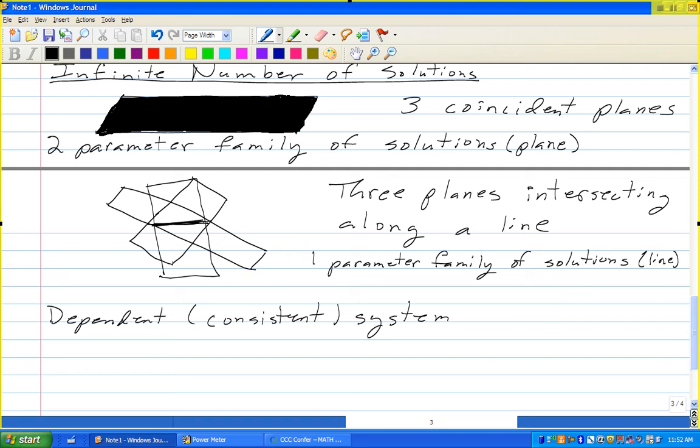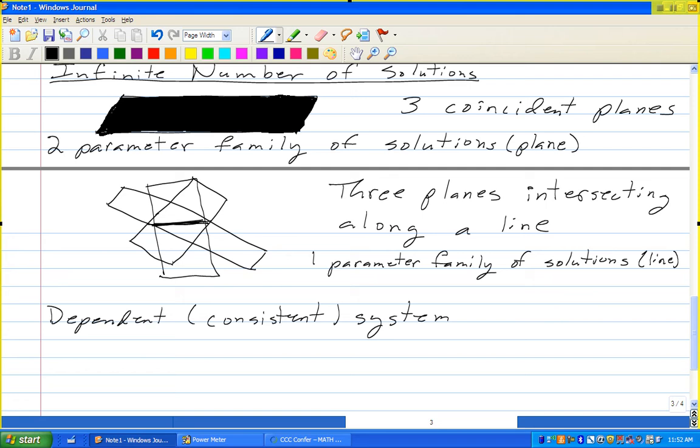Okay? So, of course, if you have four equations, four unknowns, then it's either 0, 1, or an infinite number of solutions. But the infinite number of solutions could have 1, 2, or 3 parameters, etc. They can have as many parameters as one less than the number of variables in the system.